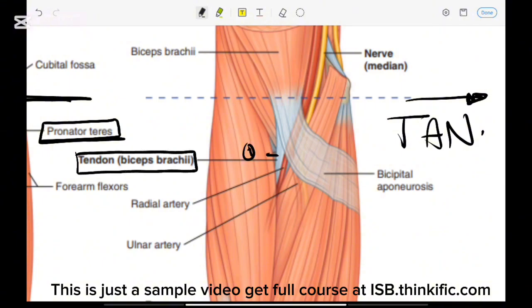Then just medial to it is the brachial artery, immediately medial to the tendon of the biceps. And immediately medial to the brachial artery is the nerve, which is the median nerve, right?